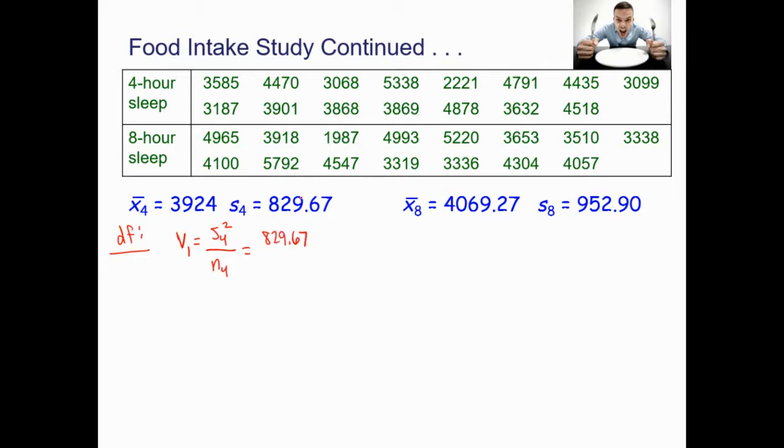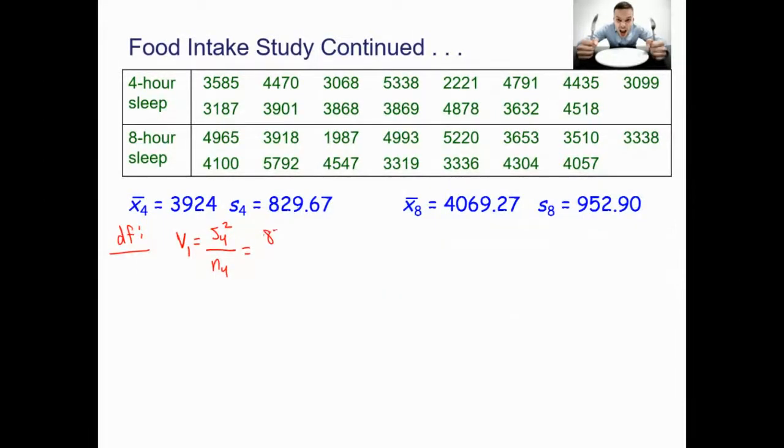829.67. Wait, no, that's not the number we used. Our numbers are slightly different. Let's use our numbers. They rounded some. Our numbers didn't round quite as much. So that's going to make a difference in the final answer. Just FYI.